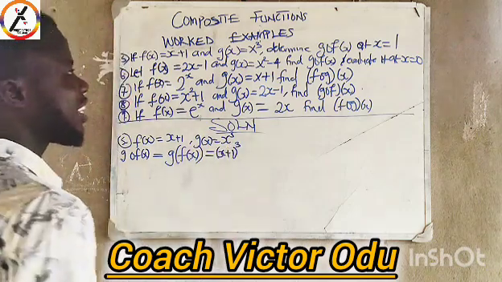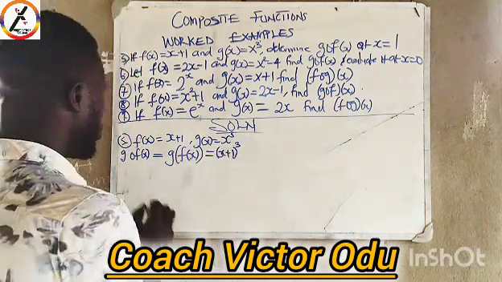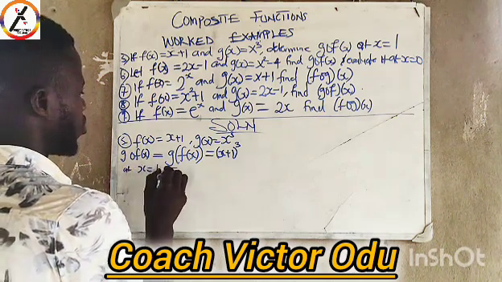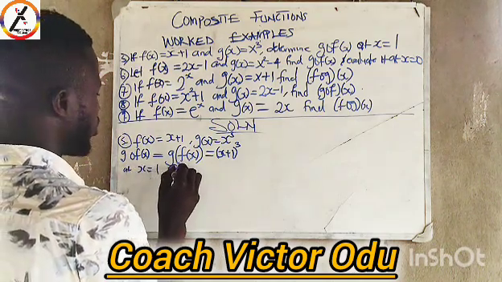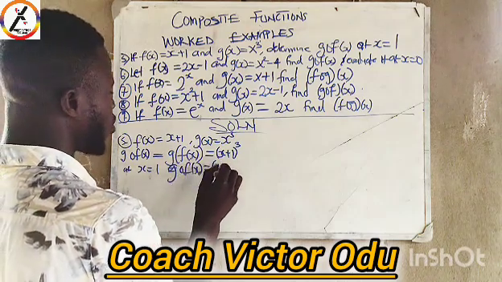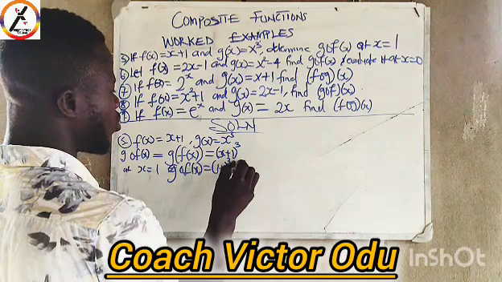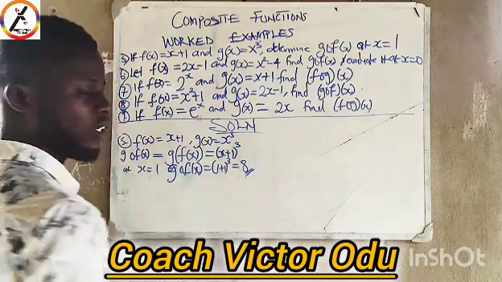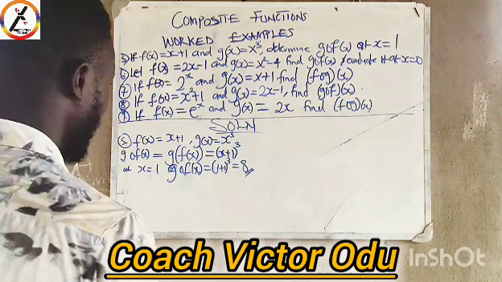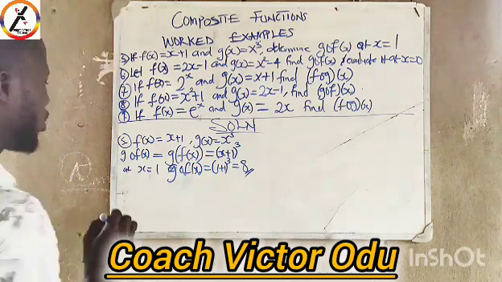Then the question now says at x equal to 1. So at x equal to 1, g of f of x will be equal to 1 plus 1 all cubed, which is equal to 8. Very simple. I believe that is well explained. So we go to the next one.